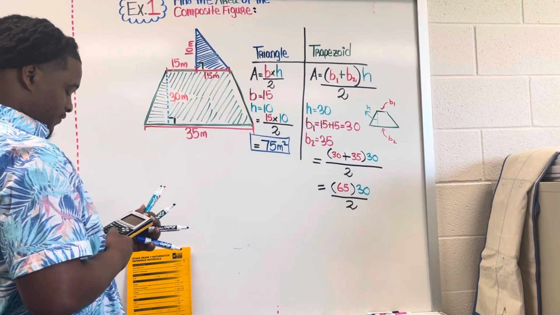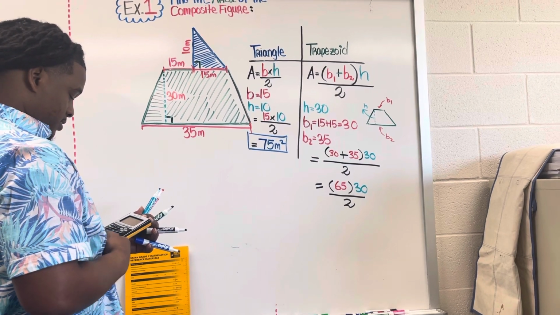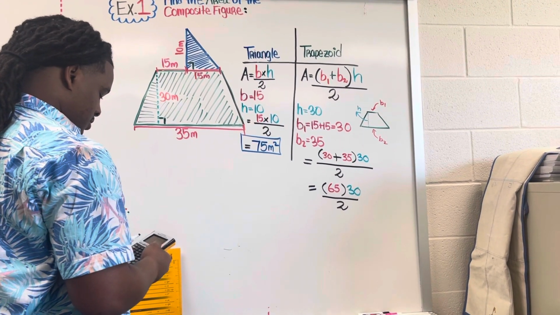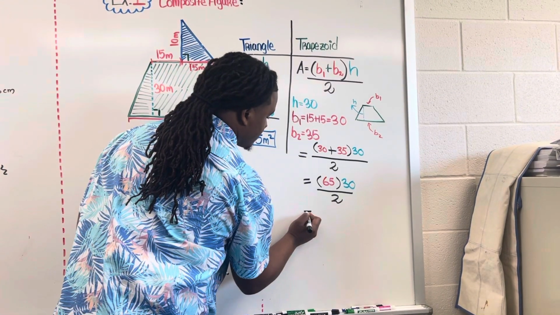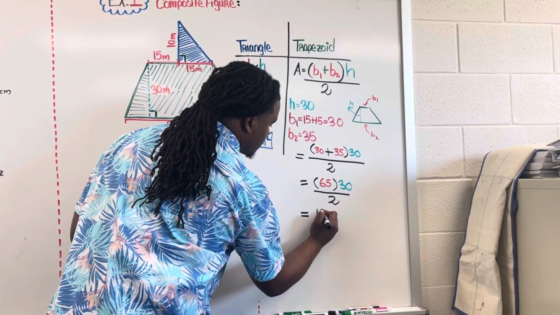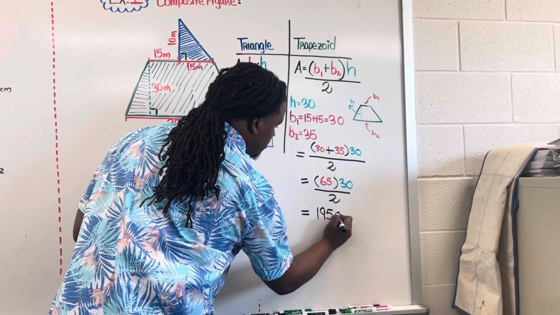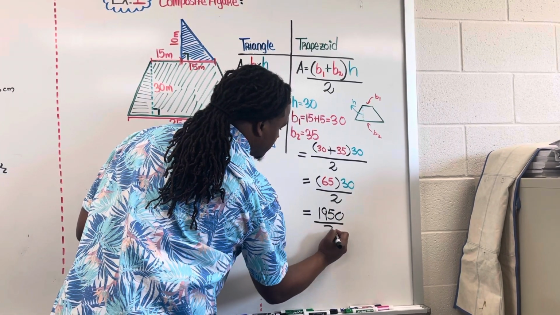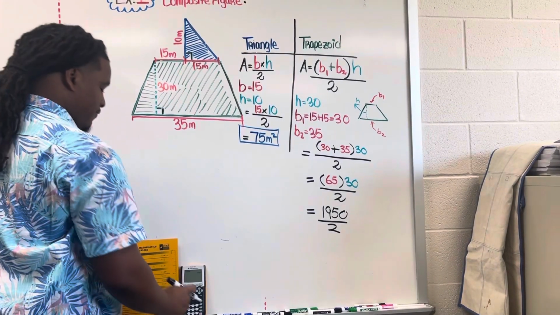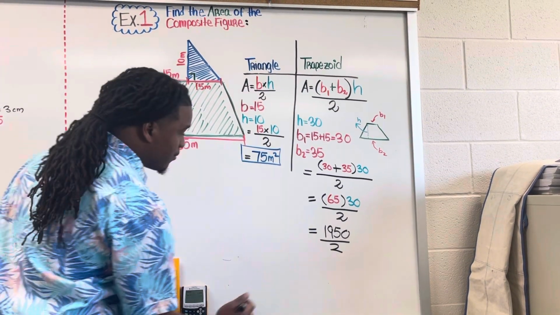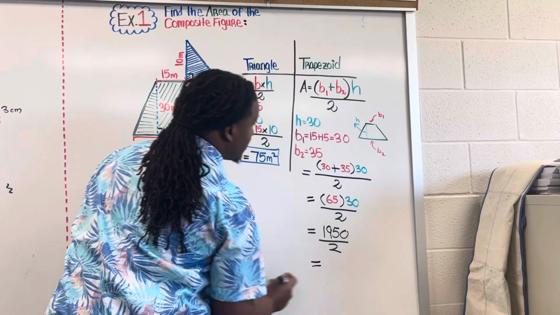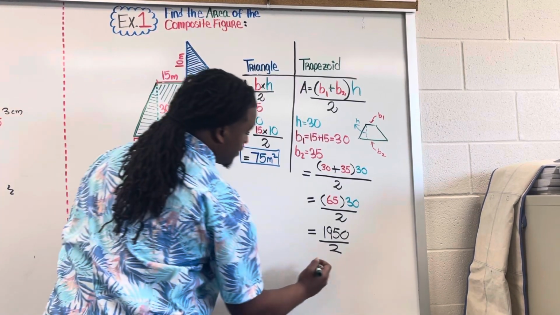Okay? So 65 times 30 is 1,950. But remember, guys, I still have to divide by 2. So if I divide that by 2, I will get 975 square meters.